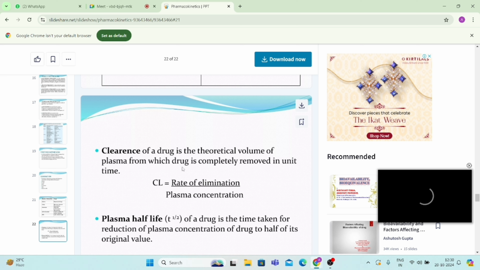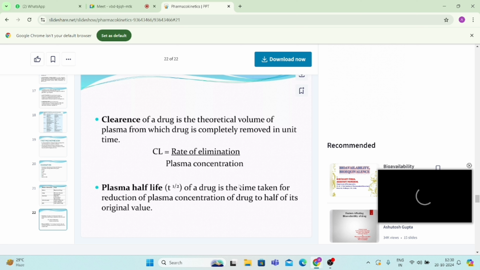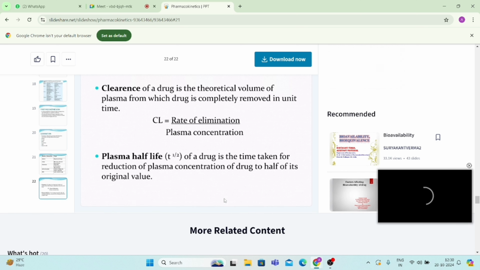So it can be defined as the theoretical volume of the plasma from which drug is completely removed. So from plasma, how much amount of drug has been eliminated in a specific time, we call it clearance. Clearance can be given in the formula: CL is rate of elimination by plasma concentration.